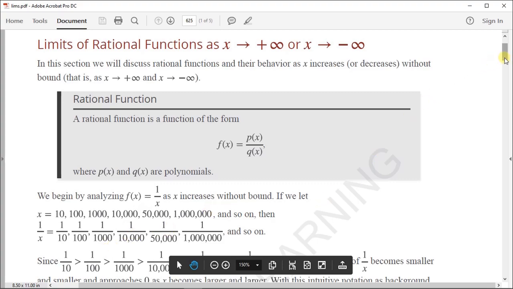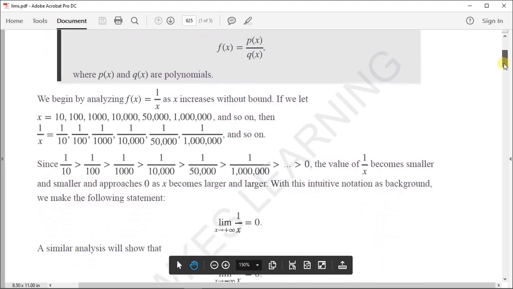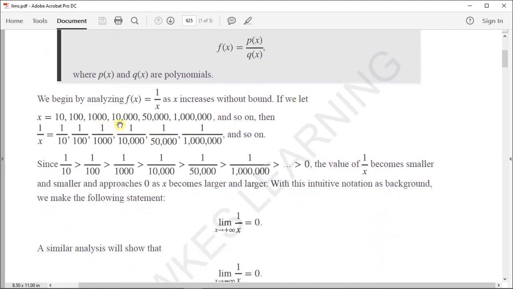Okay. What's happening is this. As you plug these bigger and bigger numbers in for x, the overall value is getting smaller and smaller. It's actually getting closer and closer to 0. So they've written it out as fractions here. You might want to look at it as decimals. It might be easier to see for some people.